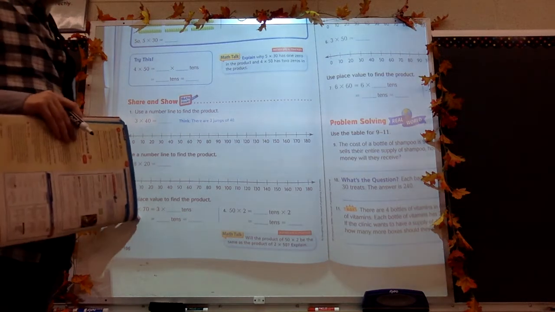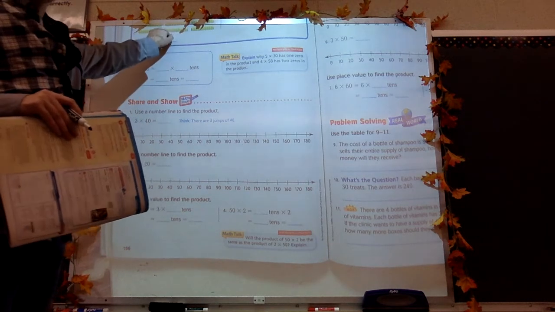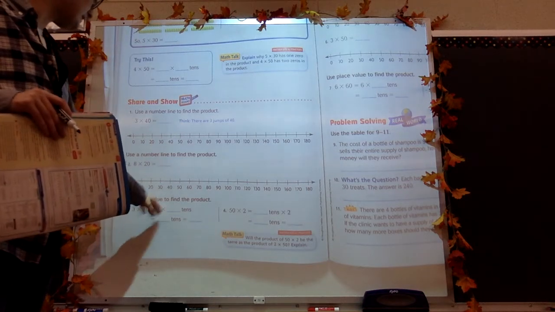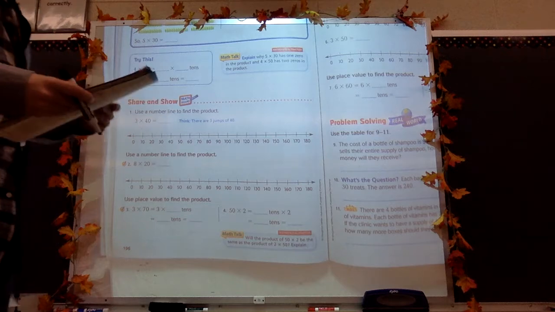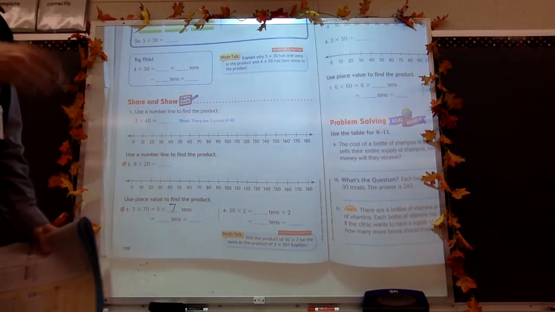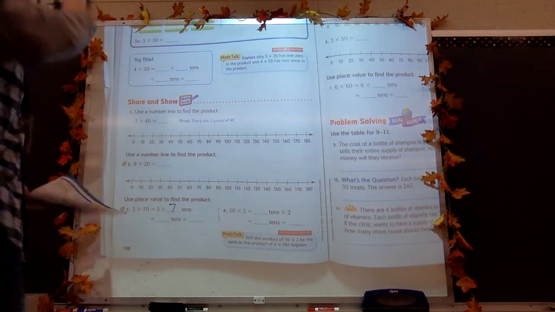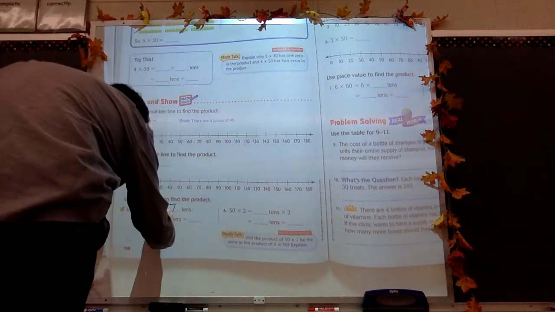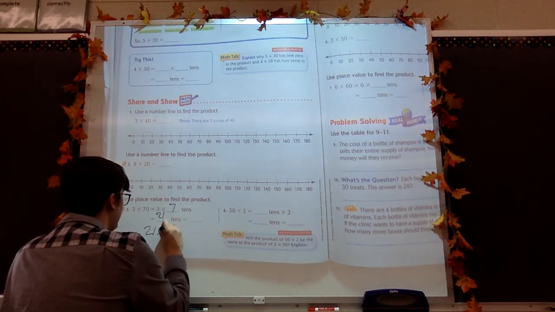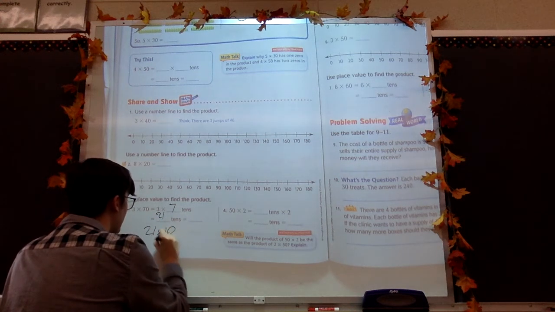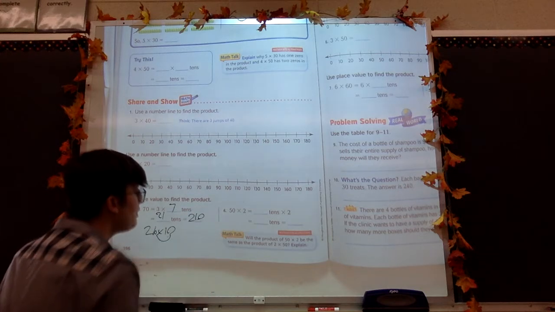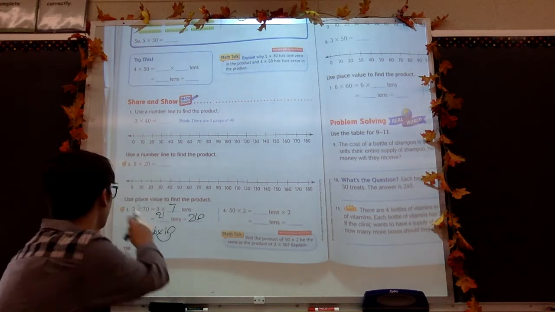So, using the method that we used at the very top here, 3 times 70 equals 3 times 7 tens. 3 times 7 is 21. So we have 21 tens, which is basically saying 21 times 10. We take that 0, add it to the end of 21. We get 210 as our answer for 3 times 70.